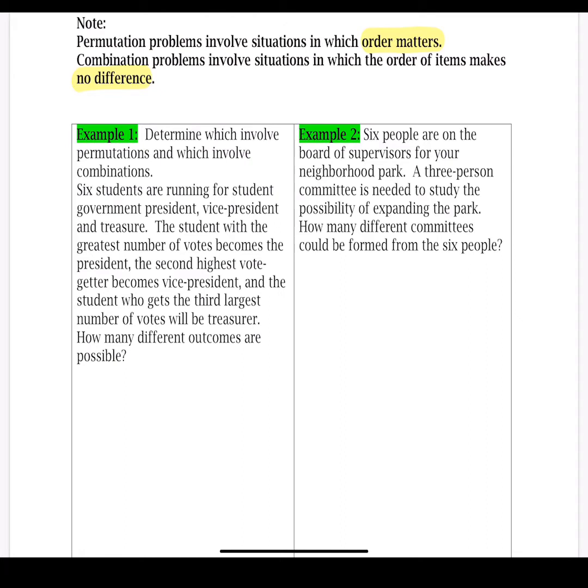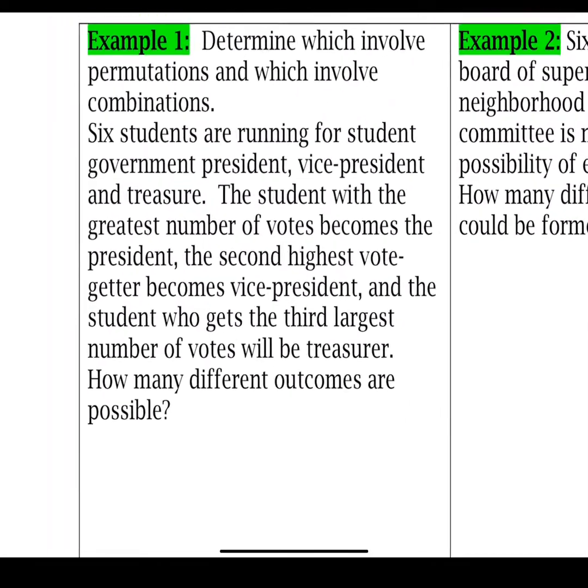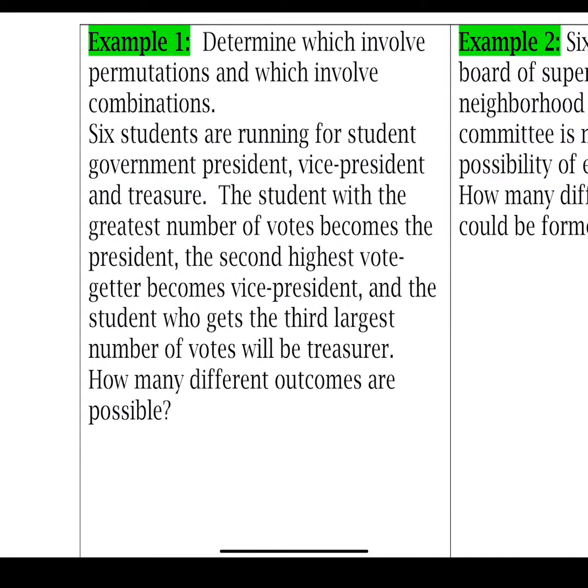For the first two examples, you are not solving the problems. You're just telling me, is that a permutation or is that a combination? Determine which involves a permutation and which involves a combination. 6 students are running for president, vice president, and treasurer.